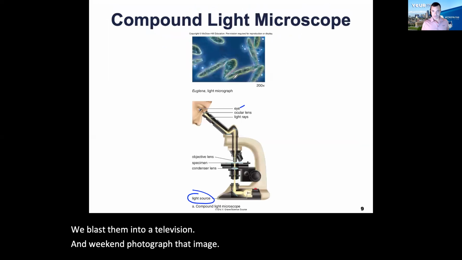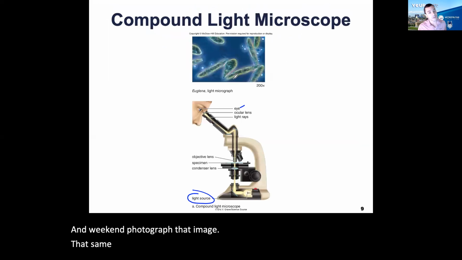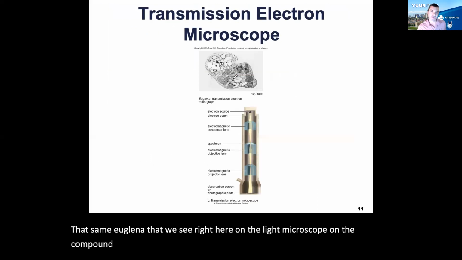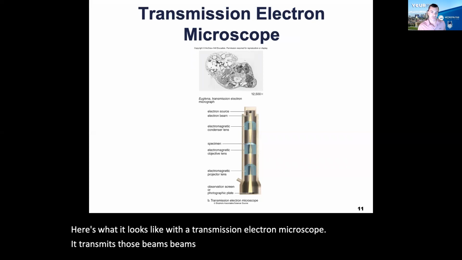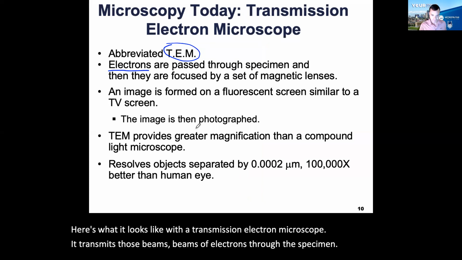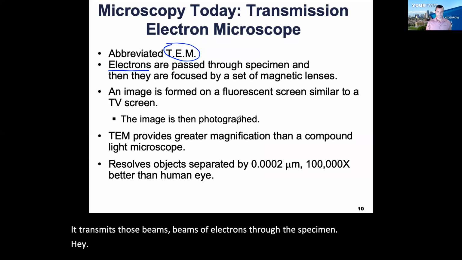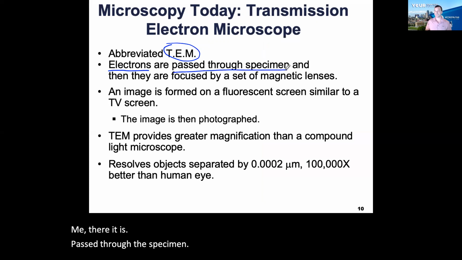That same euglena that we see right here on the compound light microscope, here's what it looks like with a transmission electron microscope. It transmits those beams of electrons through the specimen, okay? There it is. Pass through the specimen, all right?